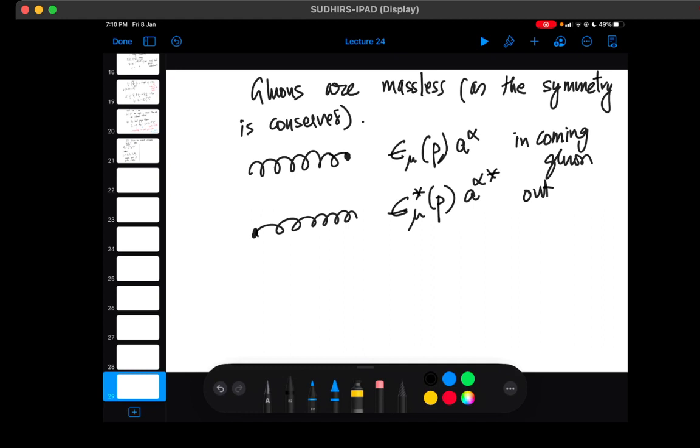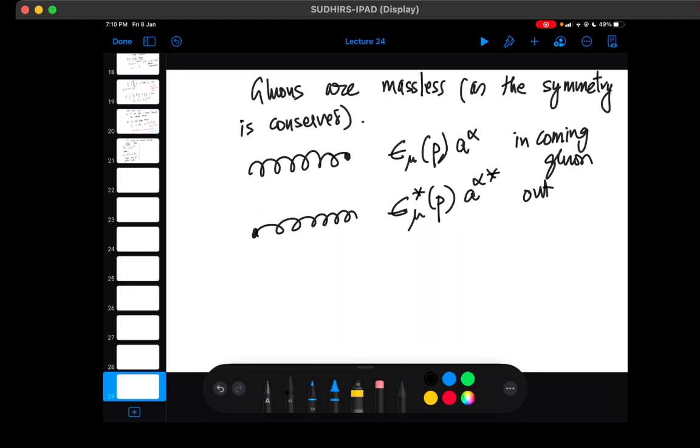Vertices. So first we have quark gluon vertices. So this has a quark and a gluon. Now the point is the gluon also carries color.